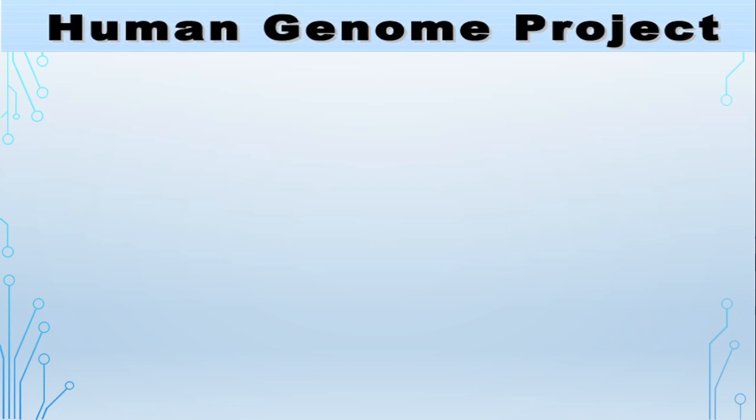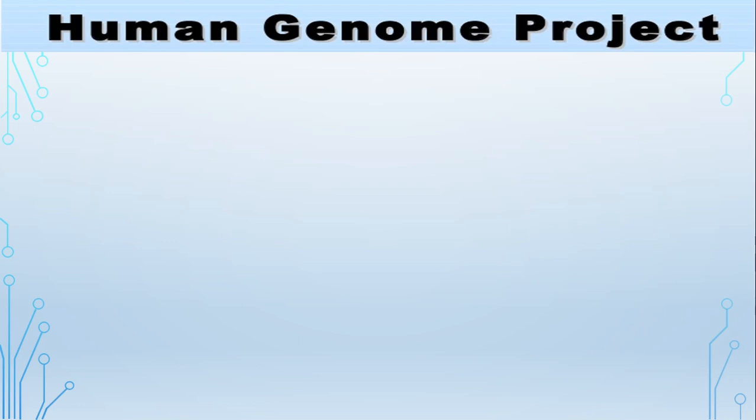To understand that, this project was launched under the collaboration of different countries. Of course, the major funding was done by the Wellcome Trust United Kingdom, and it was launched in 1990 and completed in 2003. It took 13 long years.